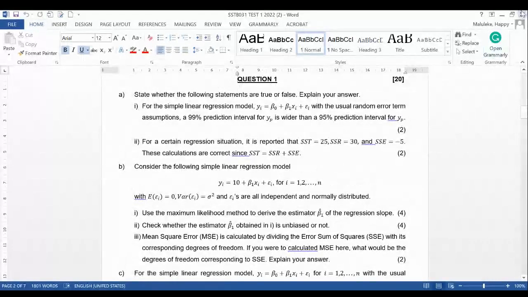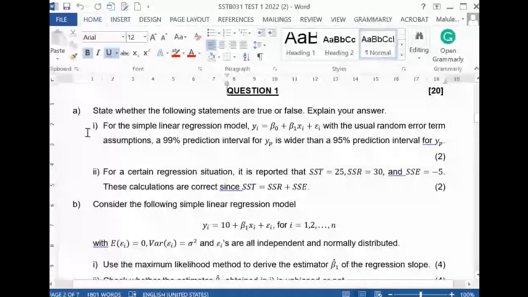You cannot say that you need 10 minutes to differentiate the likelihood function. From where I am, without opening anything, I know the likelihood function of a normal distribution. So you have a normal distribution. What you need to do is to replace the mean, only the mean, by 10 plus beta 1x. That's the only thing that you were supposed to do there.